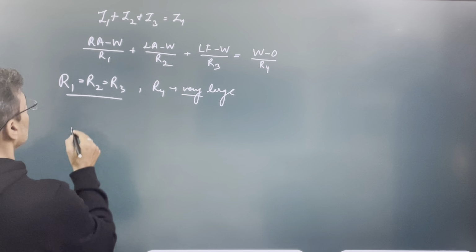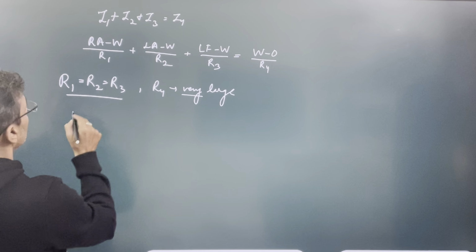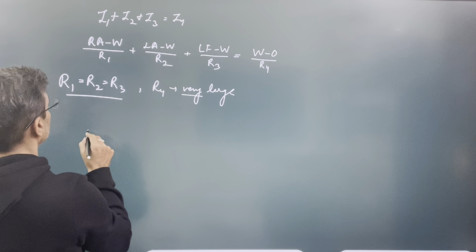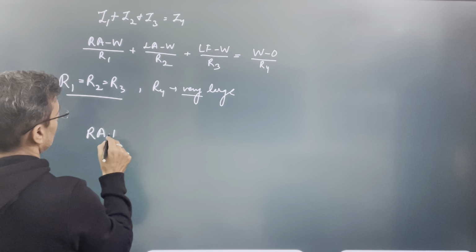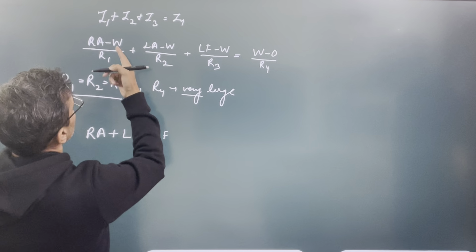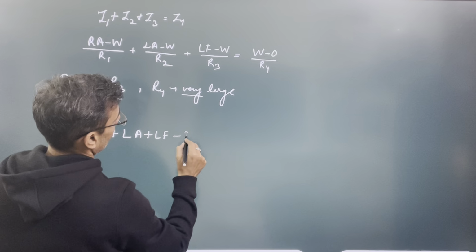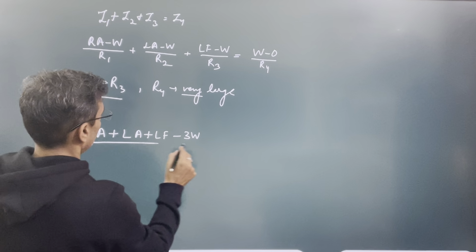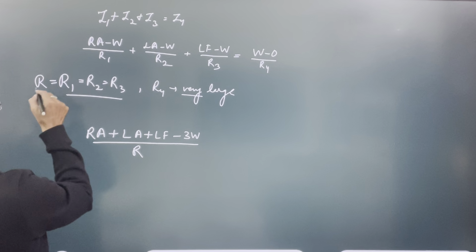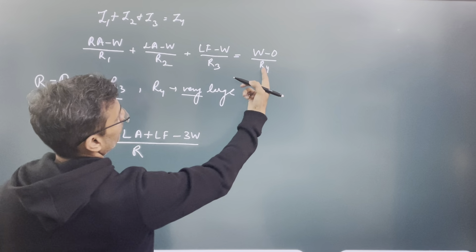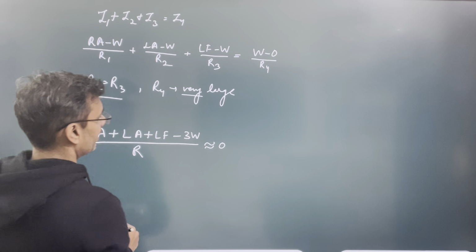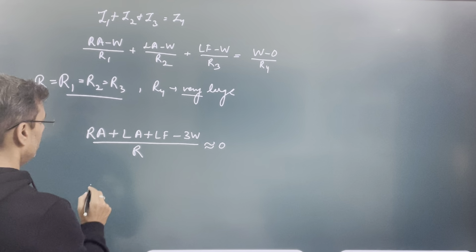So what is going to happen? This equation becomes RA plus LA plus LF, and there are three W terms, so minus 3W, divided by R, because these are equal, we will take it as R. And here R4 is very large, so we can take the right-hand term as equal to 0. So R also cancels.